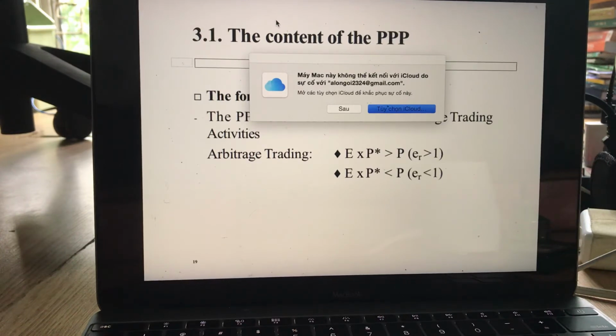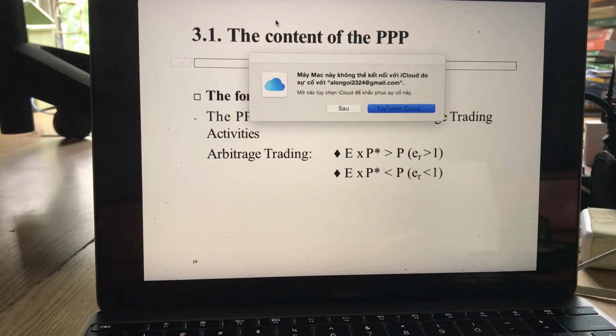We analyze the mechanism to obtain this, because we may observe that EP star is greater or less than P. And we apply the same mechanism, arbitrage trading.